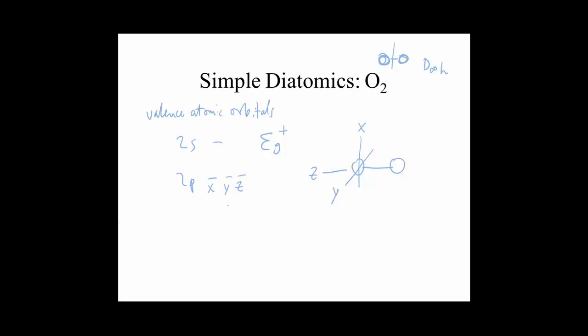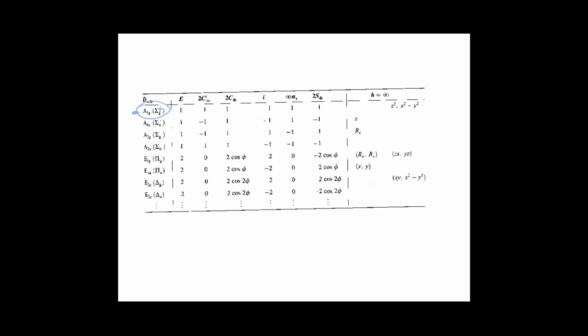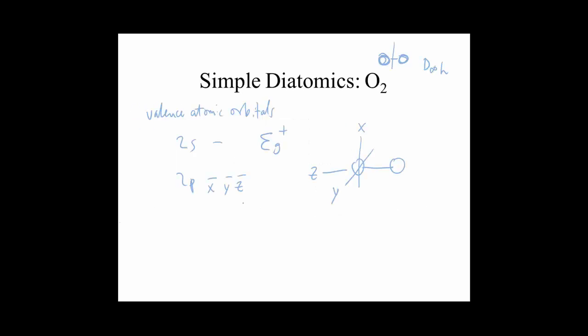These p orbitals have the same symmetry as the axes, which if we go in this area of the character table, we see the z-axis is going to transform as sigma u plus. So that's sigma u plus, u for ungerade.